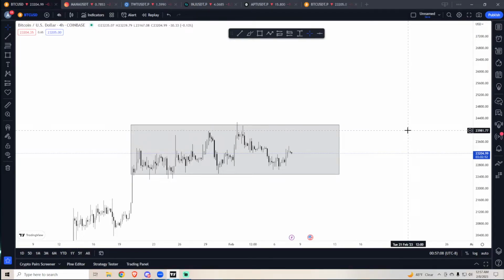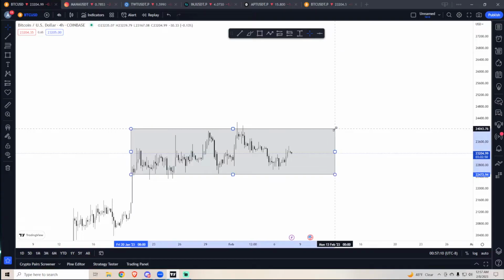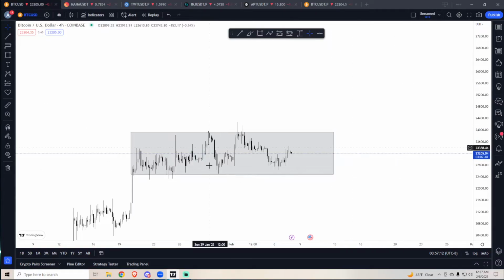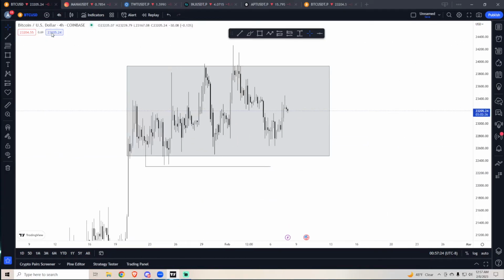So this range hasn't been broken and you're looking to get into it, and there is a lot of swing, or what you call swing lows. Okay, you have one here, you have one here, and you have one here.